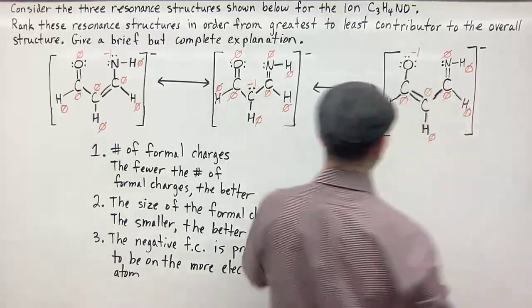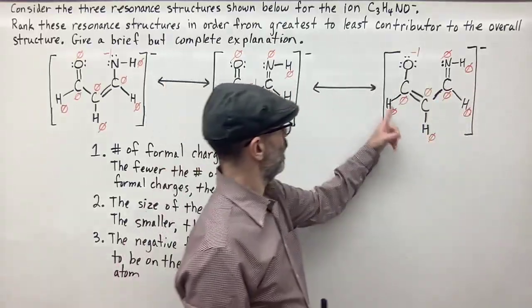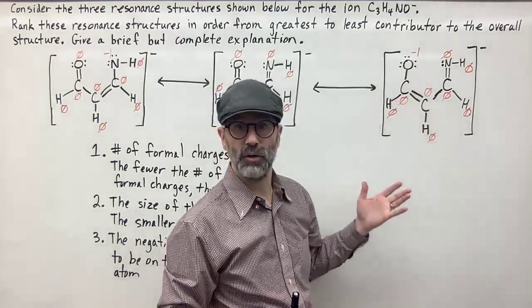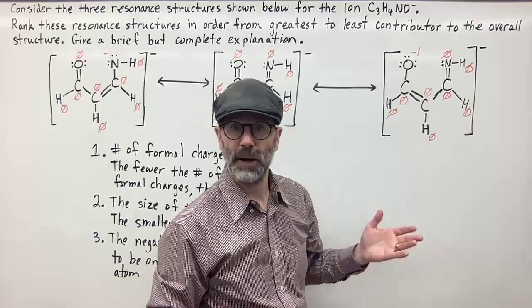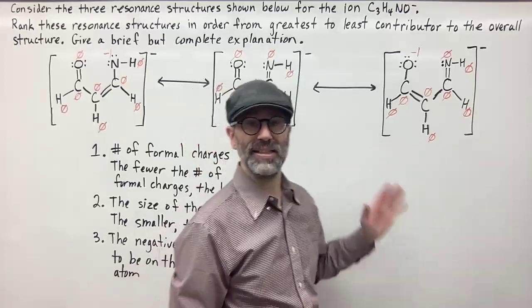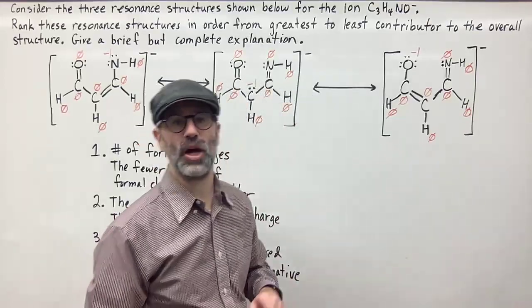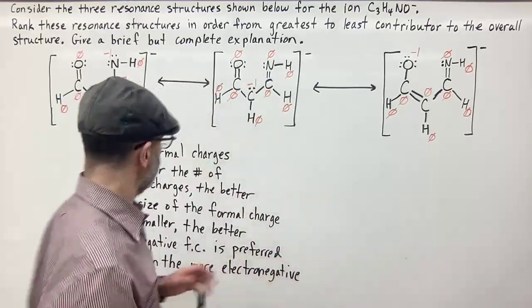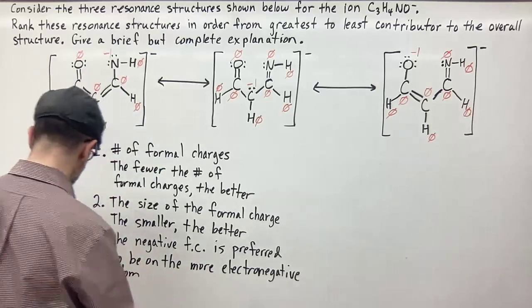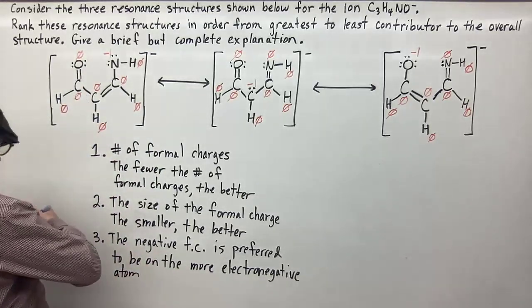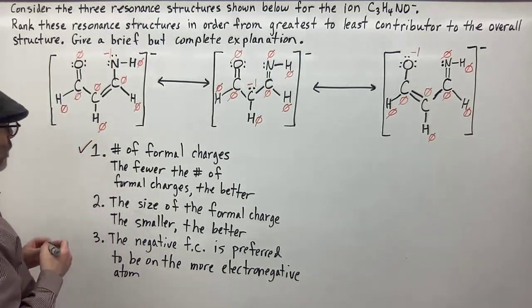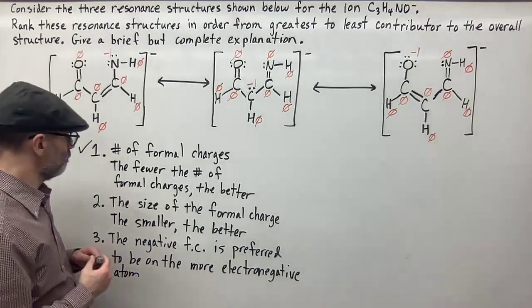And then if we look over here, this one also has one formal charge, right? So they're all the same in terms of the sheer number of formal charges. Okay, so we looked at that. All right, so that's not really going to distinguish them.